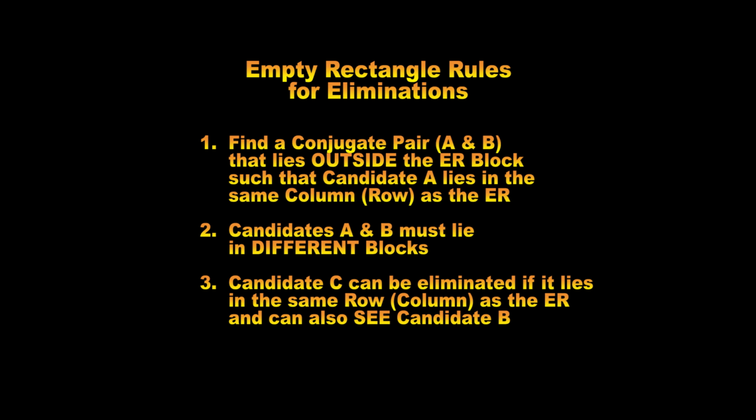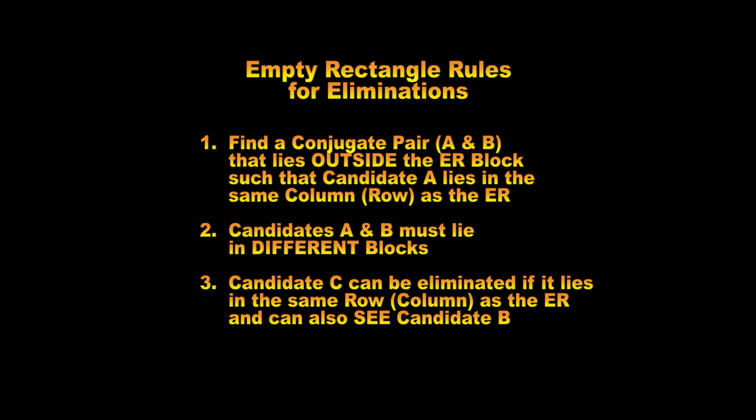Then candidate C can be eliminated if it lies in the same row as the empty rectangle and can also see candidate B. And of course, you can swap the words column and row, and these same rules will apply. Got it? Great. But now for the oddities.